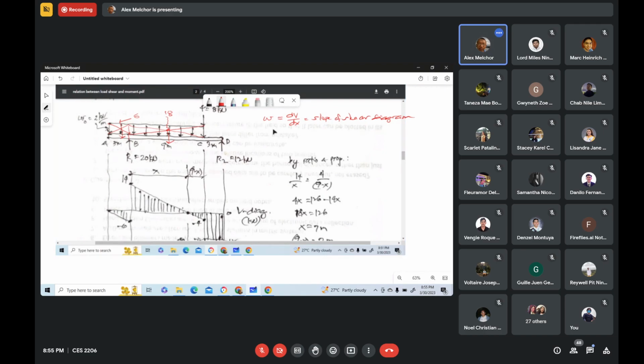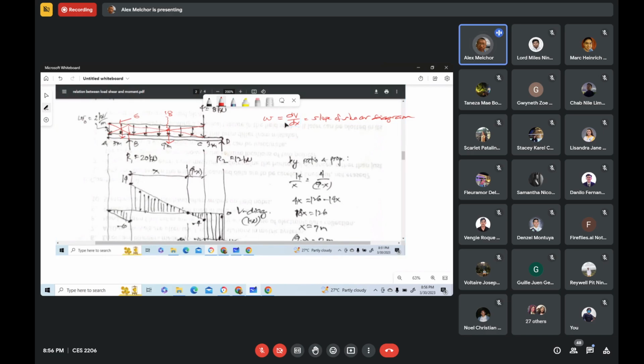No? Okay, so from here to here, the intensity of the load is negative. Why negative? Because that's downward. And the intensity of the load here is constant. So it follows that we have here a negative constant intensity of the load, which corresponds to the slope of the shear diagram.